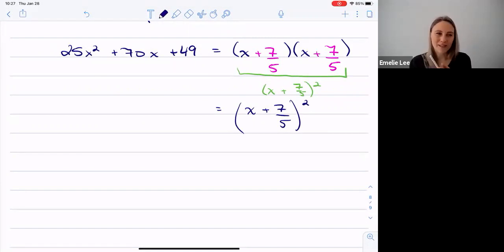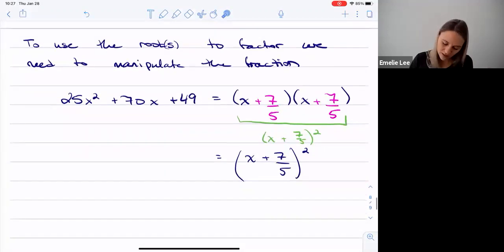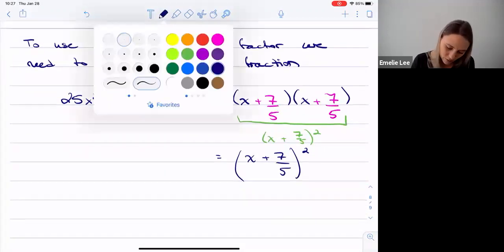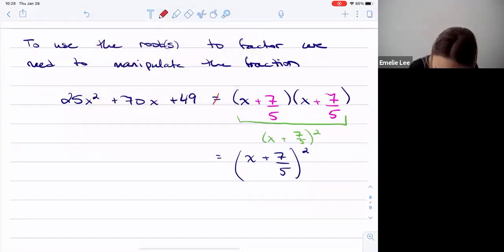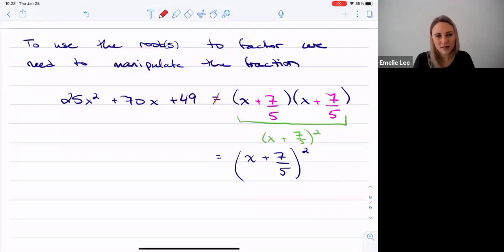Now if we tried to expand this, going from here back to here, that's not quite true. We would end up with some nasty fractions, so this is not equal to that quite yet.